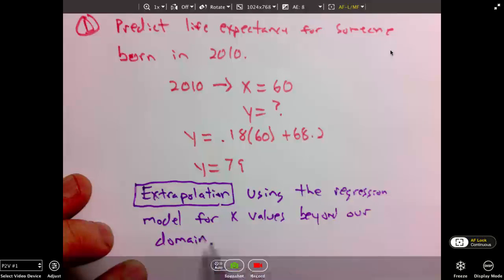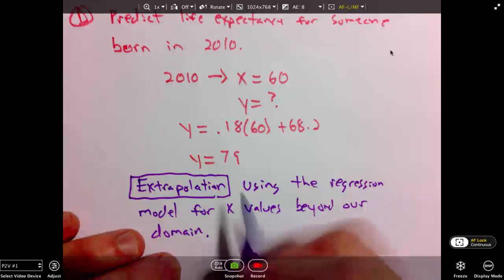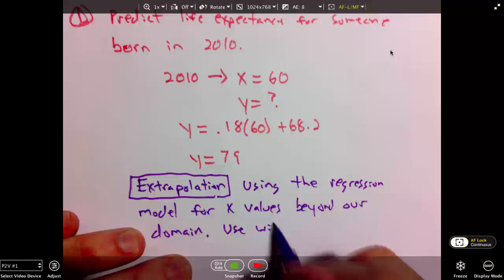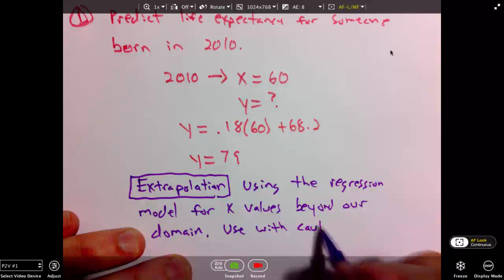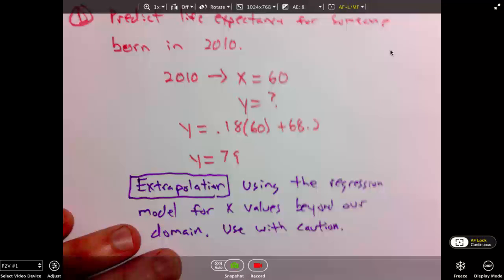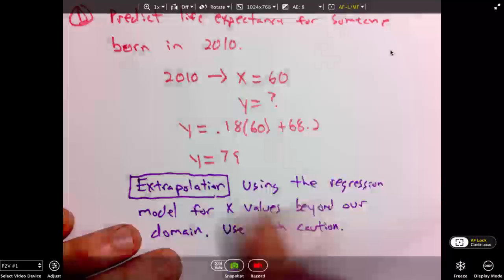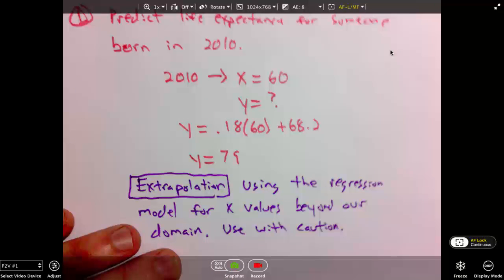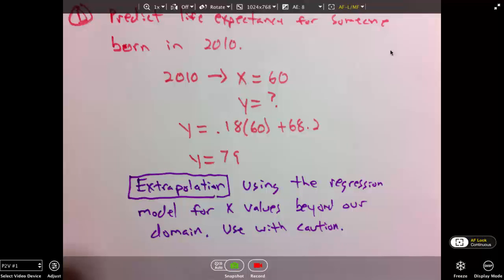Okay, we should do this with caution. Use with caution. Okay, we do not know how our model would behave beyond the year 2000. So when we say that 2010 would pair with 79, we should be a little bit skeptical of that due to extrapolation. All right, with that, you should be able to complete this assignment.